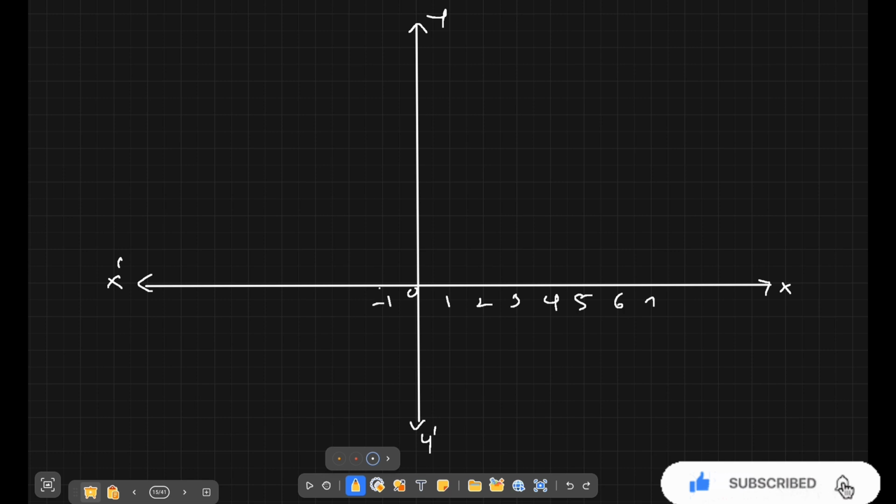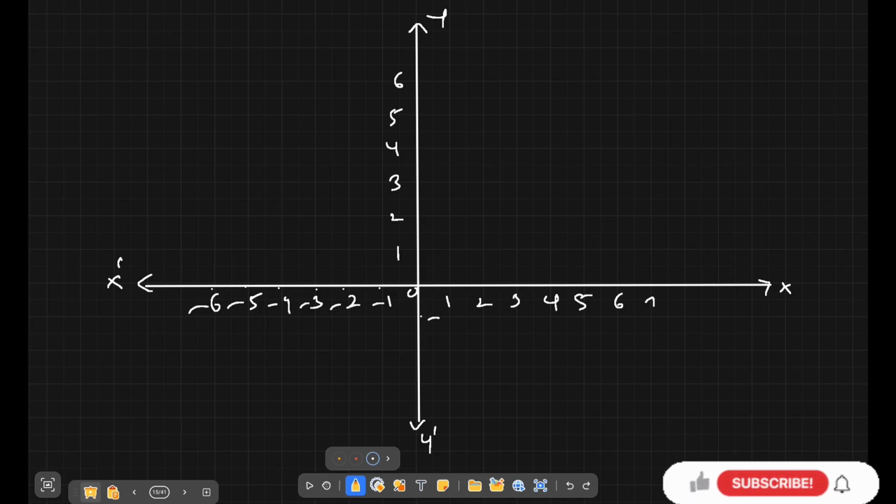Here minus 1, minus 2, minus 3, minus 4, minus 5, minus 6. 1, 2, 3, 4, 5, 6. Minus 1 here, minus 2, minus 3, minus 4. Okay, let's see the plotting points.